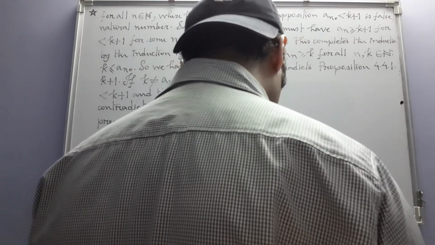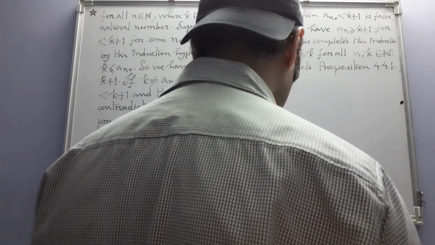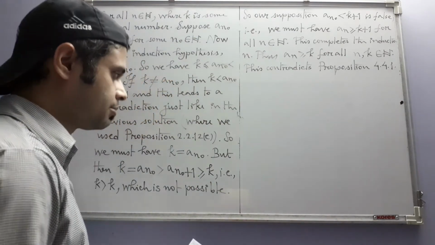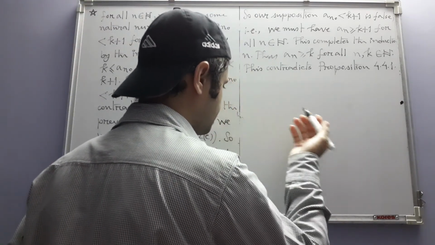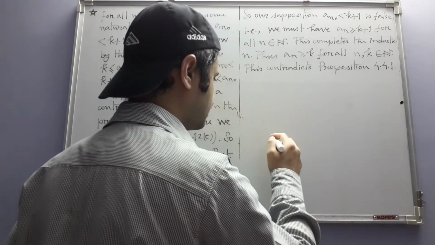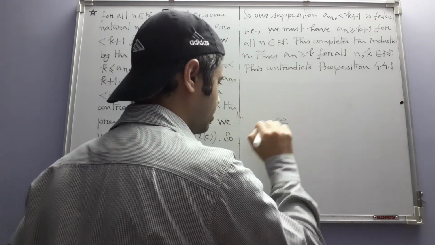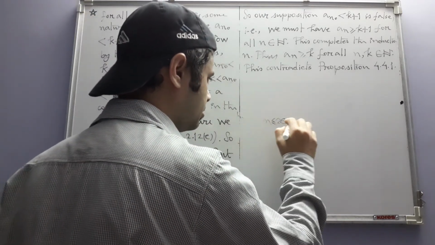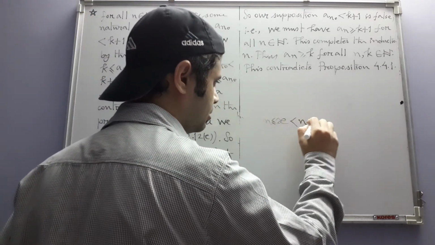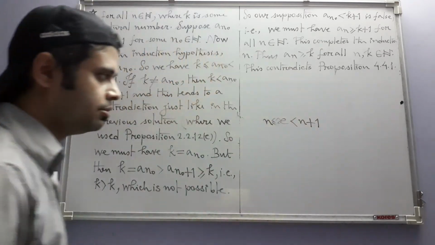In fact, in proposition 441, what we had is the one we have proved just now. If you have a rational number x, then it has an integer part m. In fact, the integer part is unique.